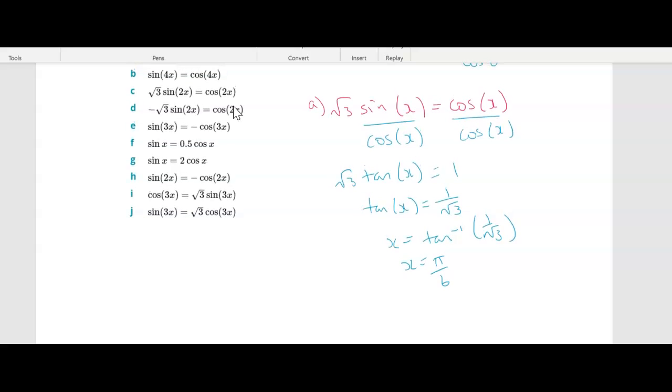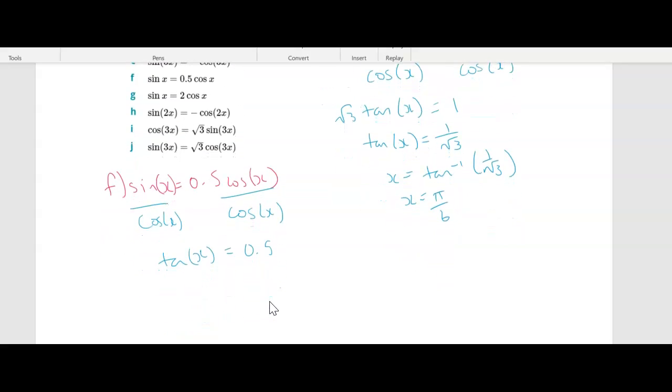Okay, let's do f, because f has a fraction in it and that might scare you. And I like brackets around my x's. Okay, so let's divide both sides by cos. All right, so now we've got tan x is equal to 0.5 or half.